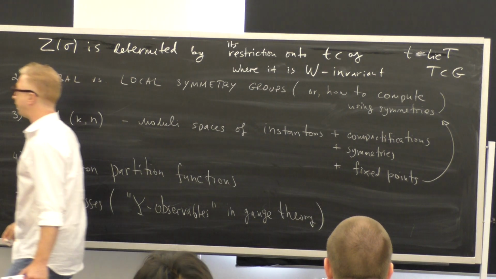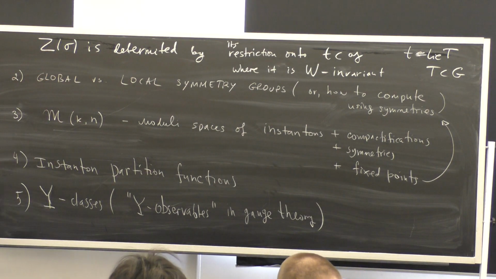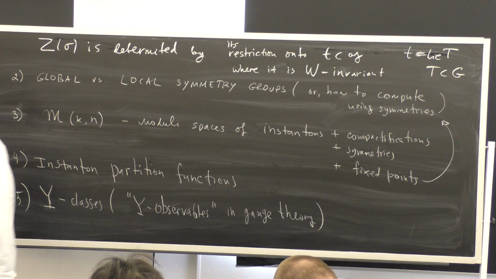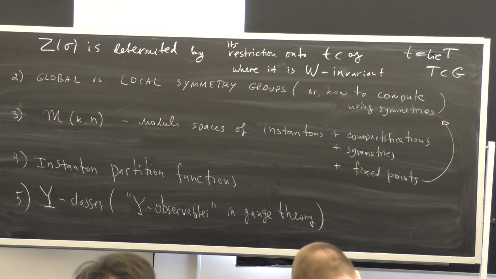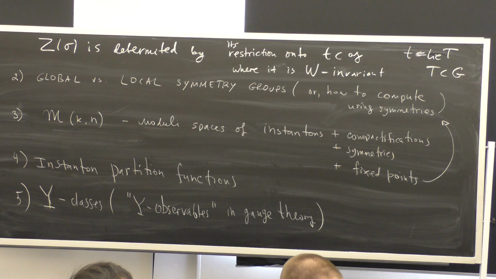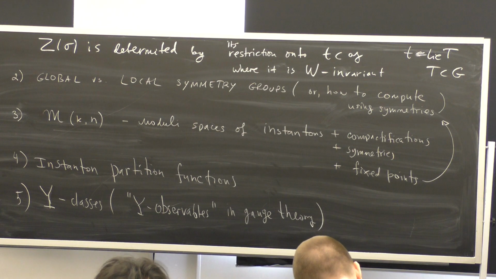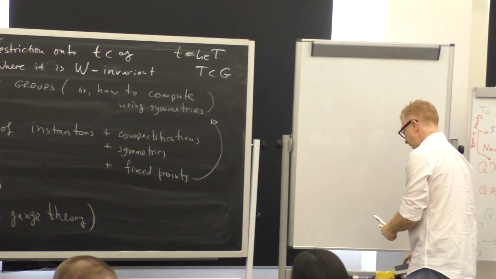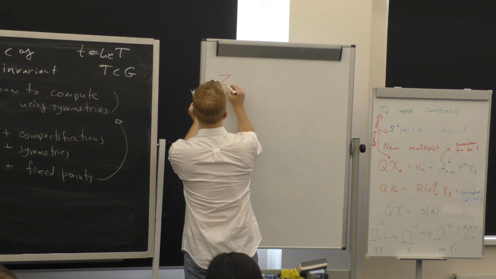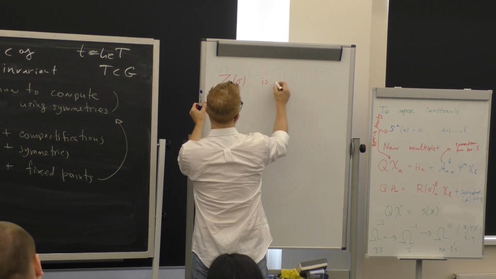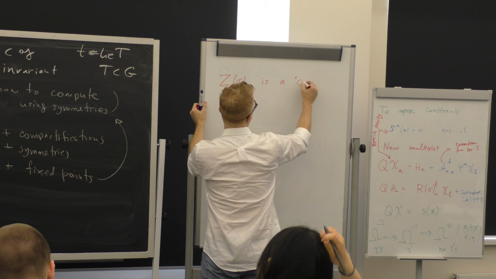So Z is some Weyl invariant function on the maximal torus. And just like the characters, Z, in some sense, is some kind of a character of the group G.